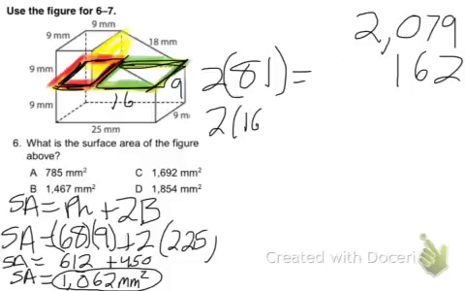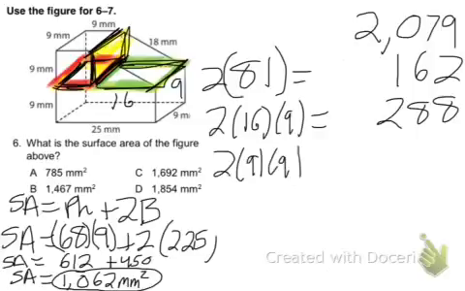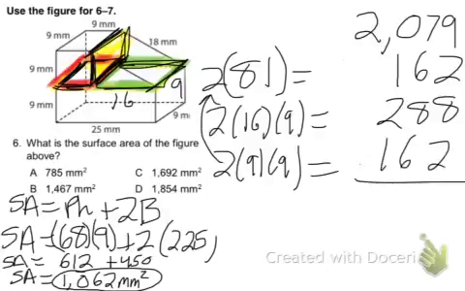Twice times 16 times 9 is 288. And then we're going to lose this one on the top on the sides. That is 9 times 9 twice, which is the same as that one. So we're losing 162 again. And when you subtract that, you get 1,467 square millimeters. The answer to number 6 is B.